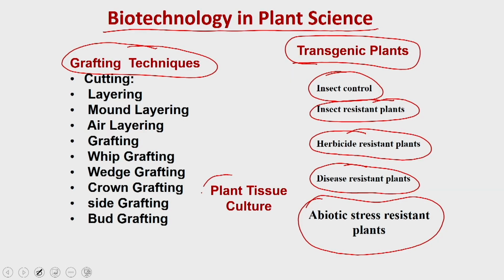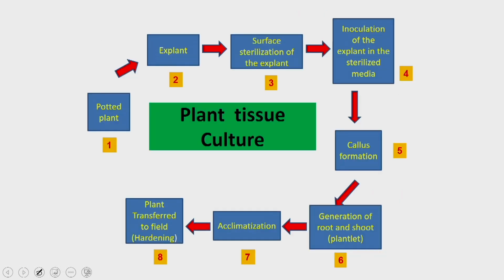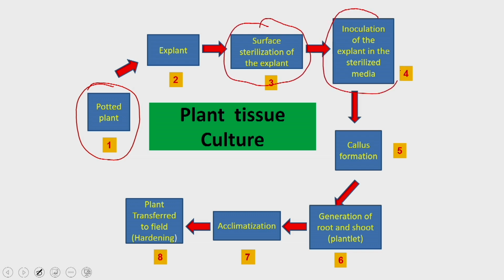In this context, we have also discussed plant tissue culture. While discussing plant tissue culture, we took you to our laboratory. We started with the potted plant, how to select the explant, how to do the surface sterilization of the explant, how you inoculate the explant, and then once the callus is formed, we showed you how you can change the media components, which will allow root and shoot formation.